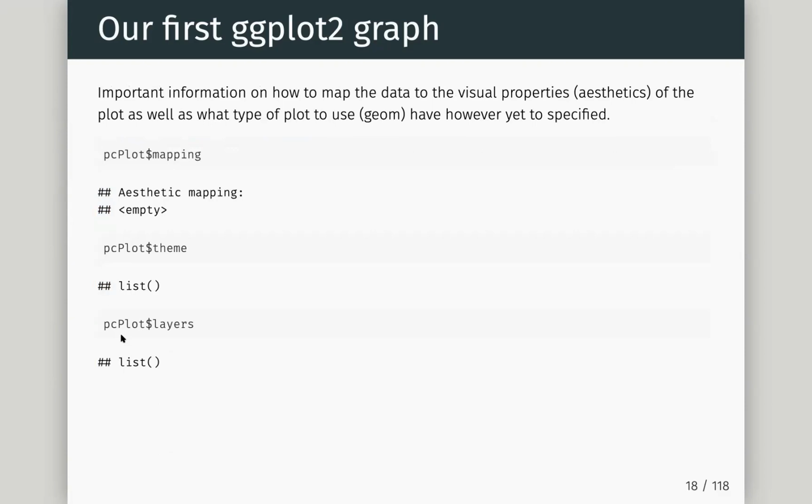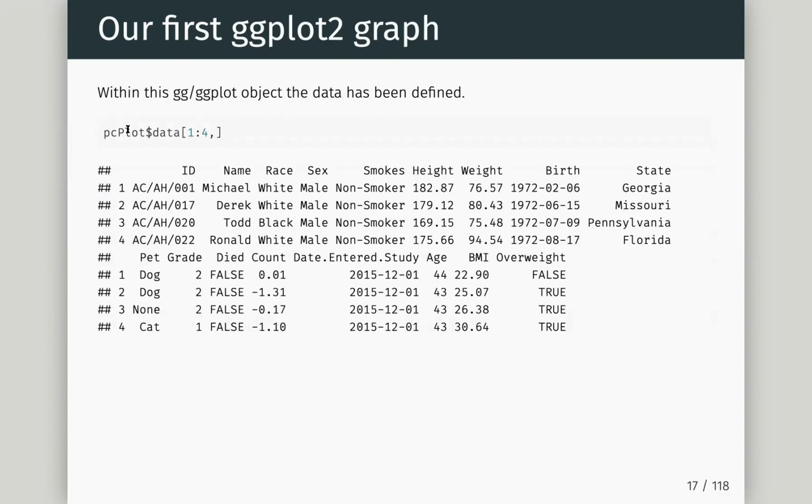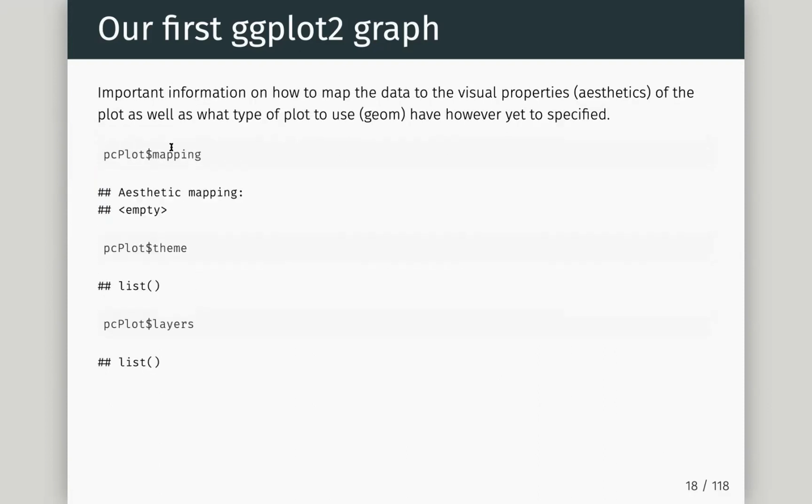But now we need to be able to map that data to the features of the plot, these aesthetics. If we look inside our ggplot object here, if we look inside the mapping slot, we have this empty, aesthetic mappings are empty. We look at another element within there, theme, we can see that that's empty.